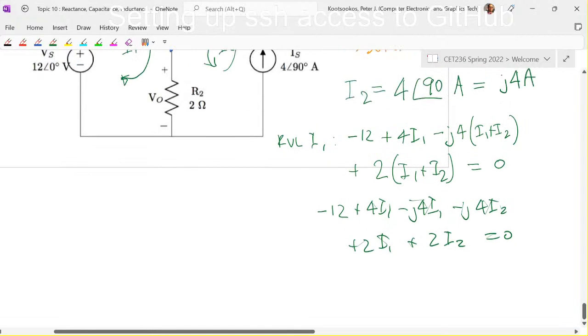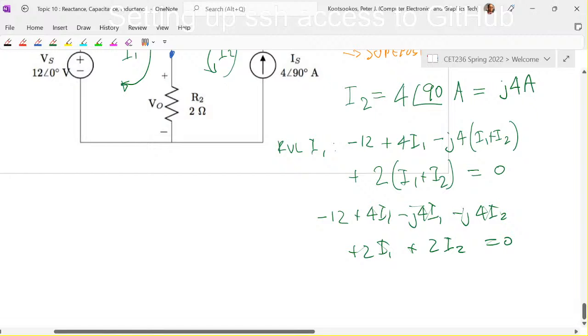Now I'm going to take, so that becomes J4, that becomes J4. So that's going to be 6 minus J4, distributing and grouping like terms, times I1.